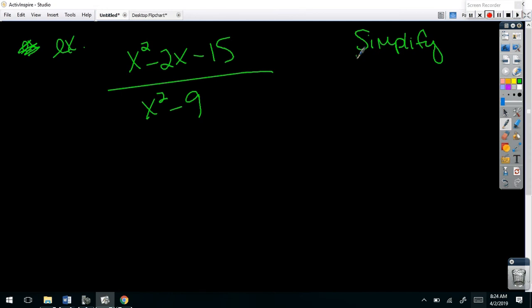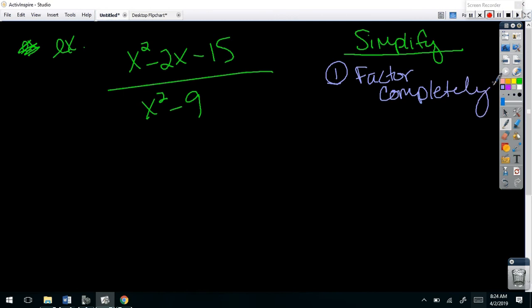So what do you think is the first step? Find the GCF, factor the top one. That's the first step, which is factoring. That's exactly right. When you simplify, you want to factor top and bottom, factor everything completely.